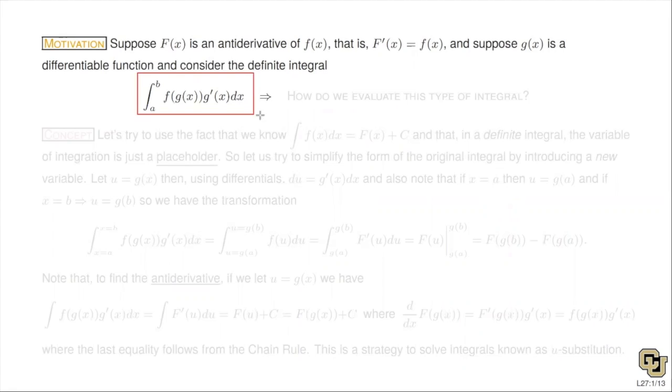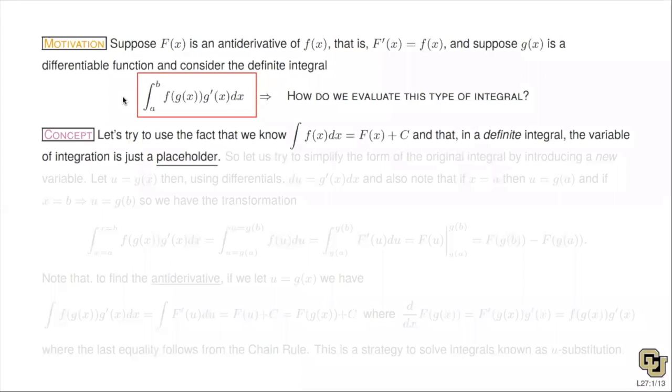So if we have an integral that looks like this, integral from a to b of f of g of x times g prime of x dx, we specifically want to ask the question, how do we evaluate this specific type of integral? So we want to use the fact that we know that capital F is an antiderivative of little f.